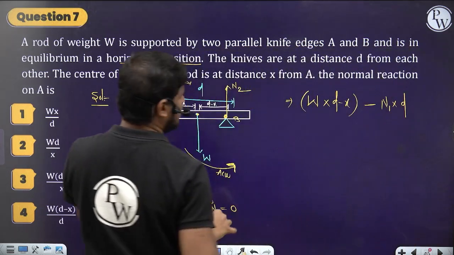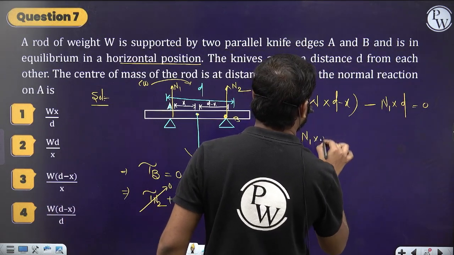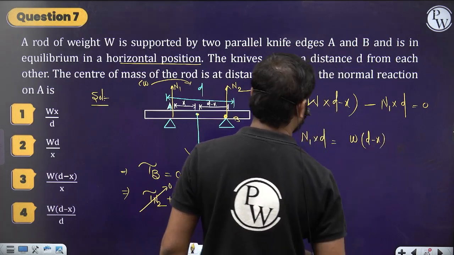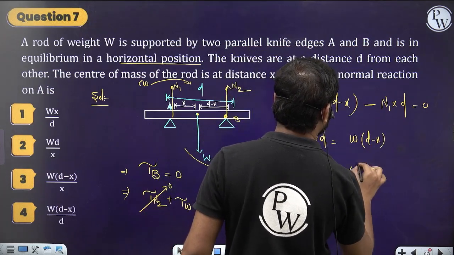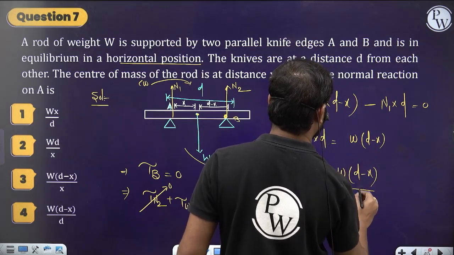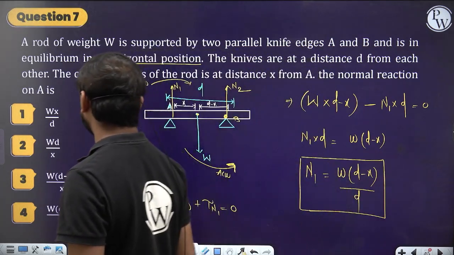This should equal 0. So N1 into D equals W into D minus X. We need N1, so N1 is equal to W into D minus X by D. Yes or no?